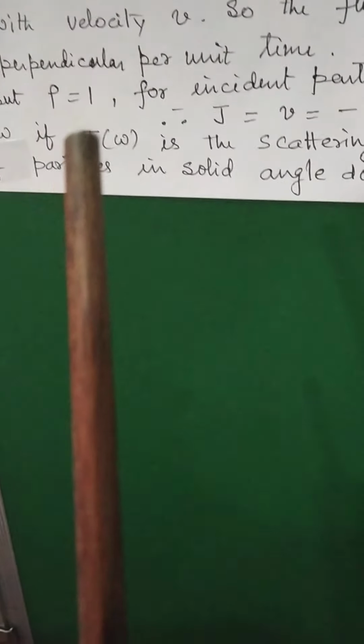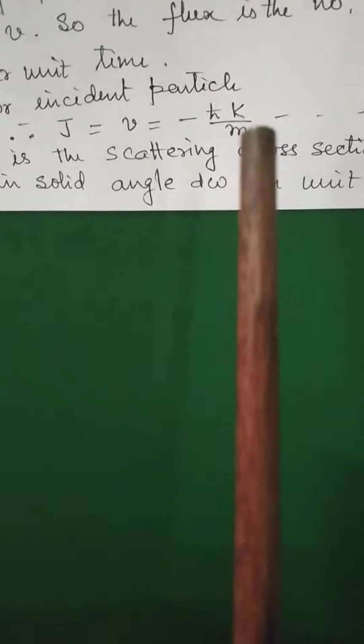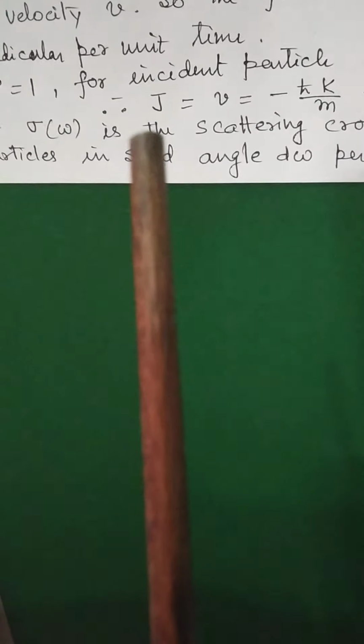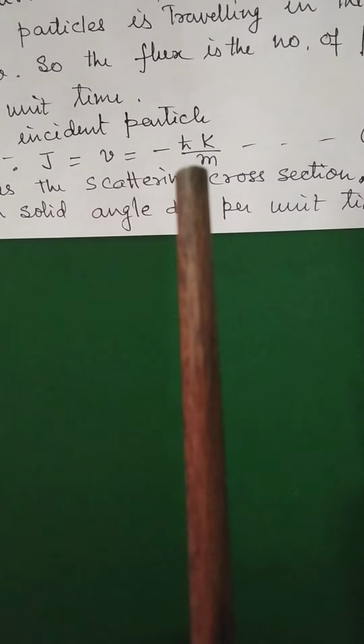But rho equal to 1 for the incident particle. Therefore, J equal to rho into V, so J equal to V, and this is equal to h cross k by m. Let it be equation number 8.